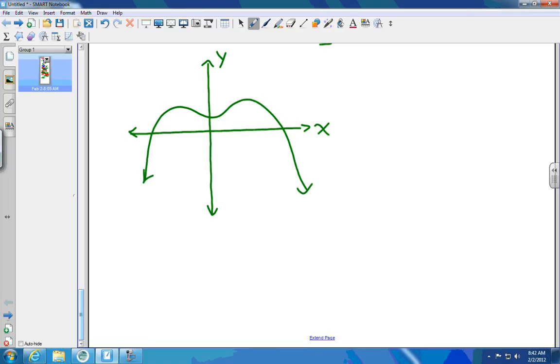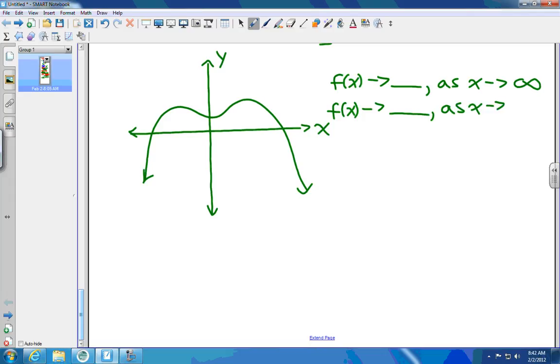And remember, we can write f of x goes to what? I guess that would be a blank you could fill in. As x goes to the right. And f of x goes to what? As x goes to the left. Yes, so this will all be written every single time, and this is the only thing that will change, whether it's positive or negative.